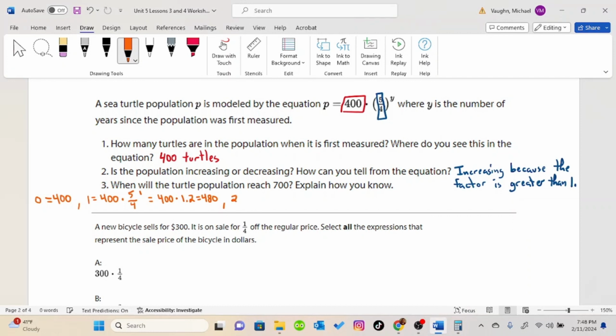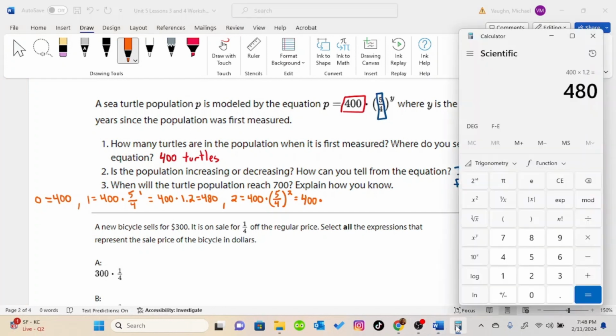Next, we can try 2. This would be 400 times 5 fourths squared, which equals 400 times, if we do 1.2 squared, that equals 1.44.